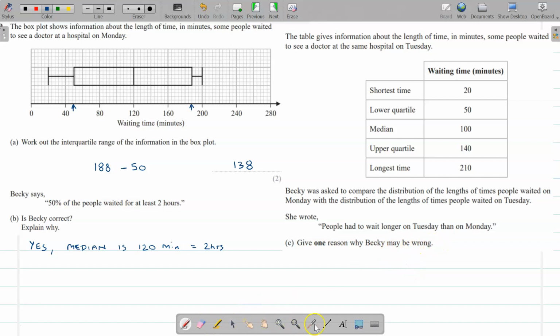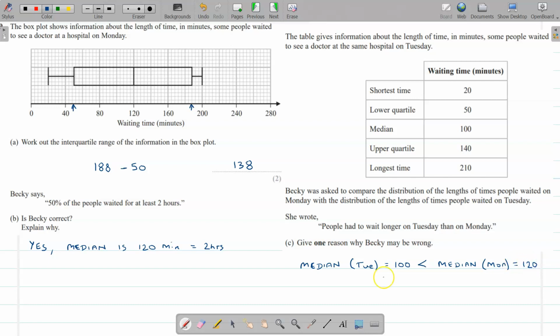See, we don't actually know if she's right or not from that data, but one obvious reason is that the median on Tuesday is equal to 100, and that is less than the median on Monday, which is equal to 120.